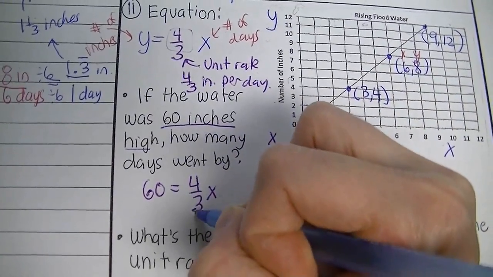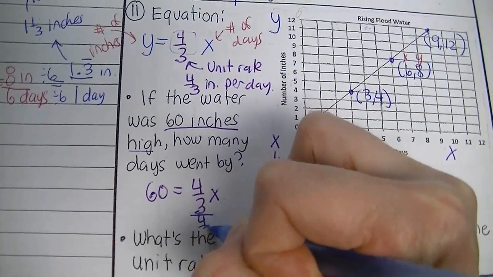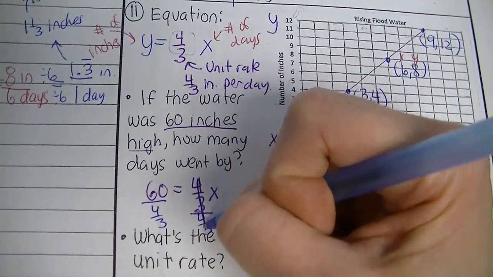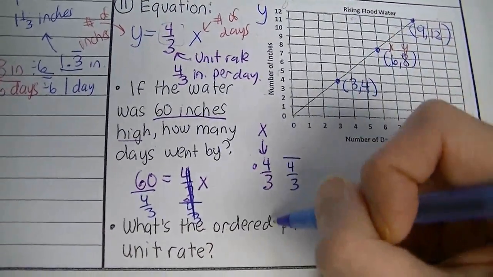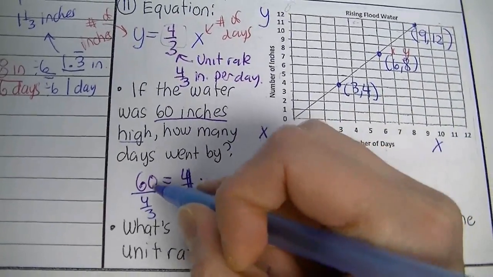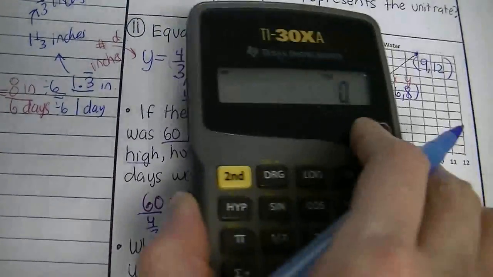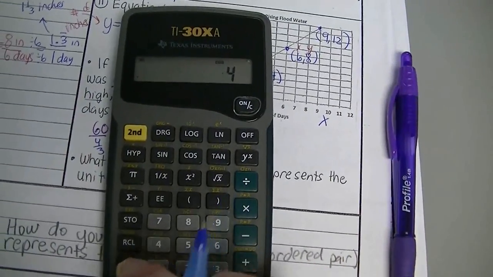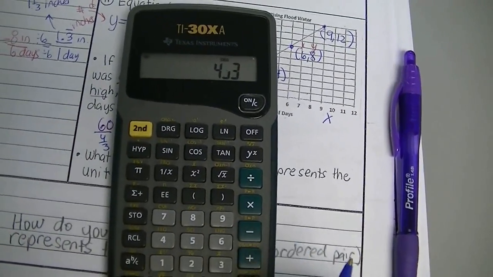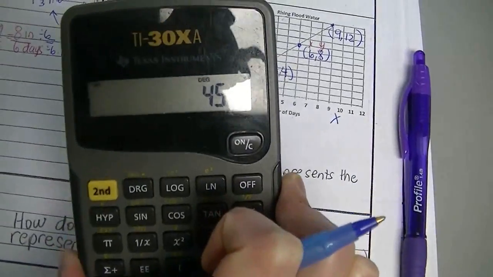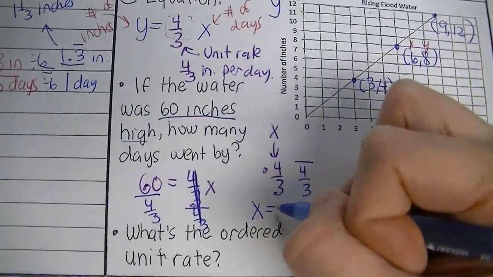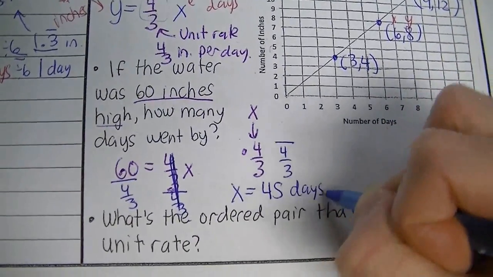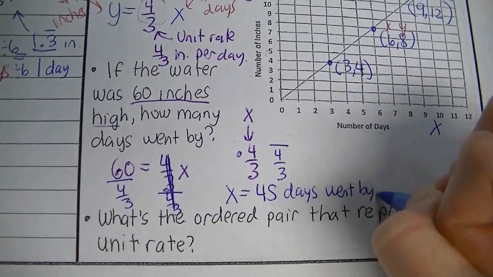So on both sides of that equal sign, you're going to divide by 4/3. 4/3 divided by 4/3 is 1. 1 times x is 1x, or x. And I've got to go 60 divided by 4/3. So 60 divided by 4 thirds equals 45. So how many days went by? 45 days went by.